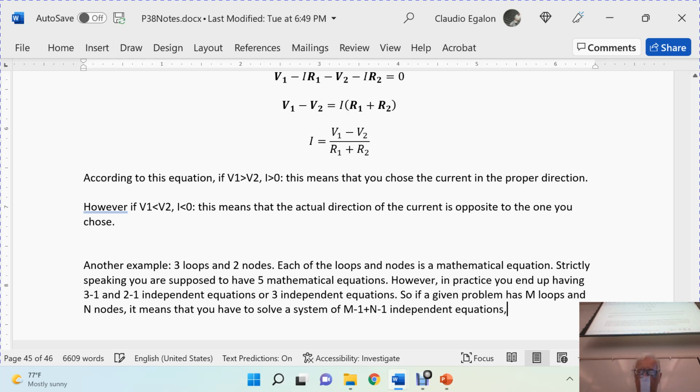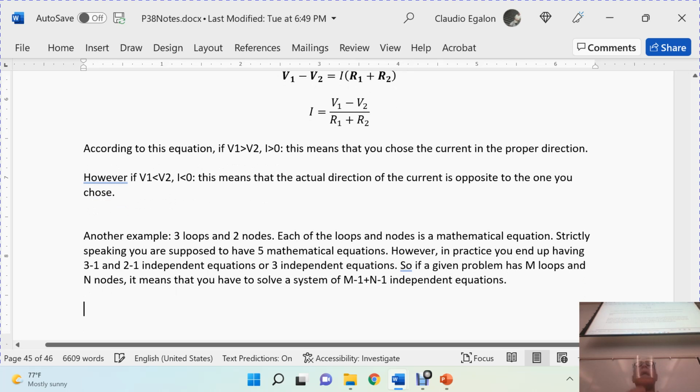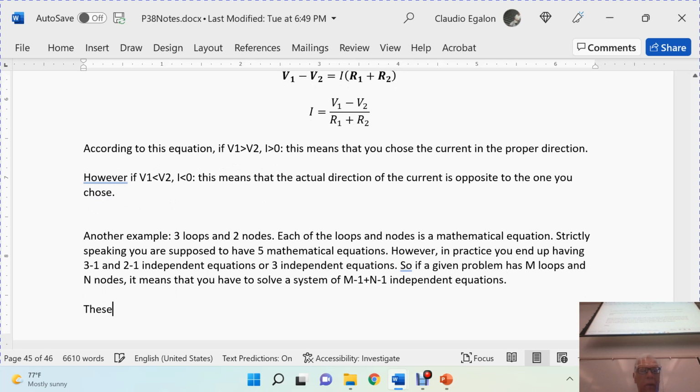Okay? And it can get very complicated. Think about that: 10 loops and, let's say, 7 nodes. These types of problems can become very complicated.